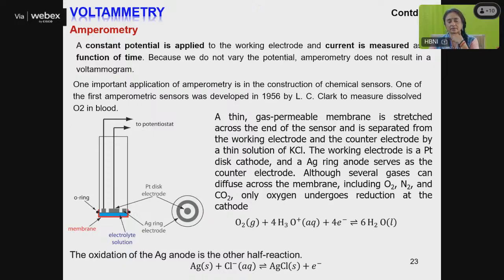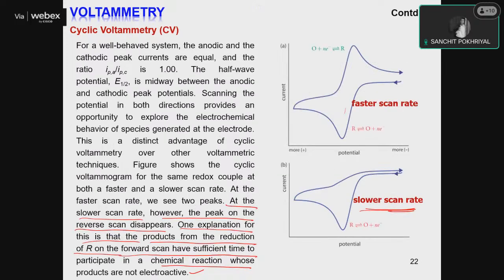Excuse me, ma'am. Yeah. Ma'am, can you please go back to the last slide? I have a question from it. Is cyclic voltammetry in principle the same as the hysteresis loop that we obtain in the magnetic experiments? Actually, your voice is not clear. Speak slowly so that I would be able to hear. I'm asking if cyclic voltammetry is in principle similar to the hysteresis curve we get in the magnetic experiments. In principle, yes, because it's scanning one way and then scanning the other way and seeing the differences in the two.